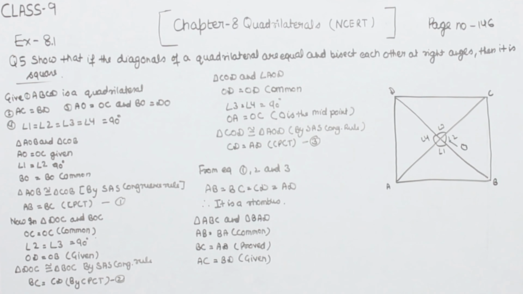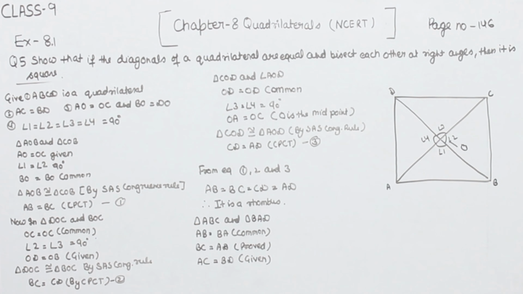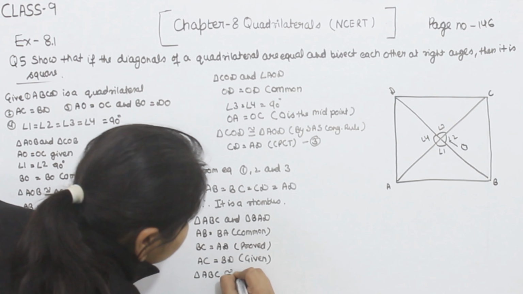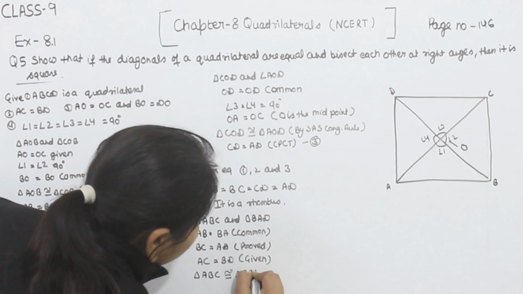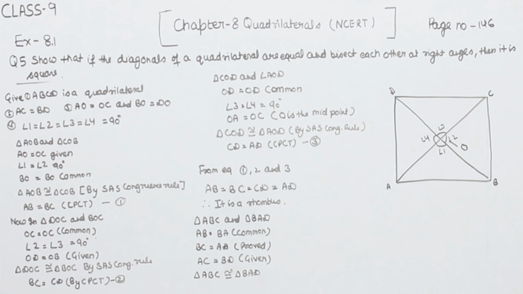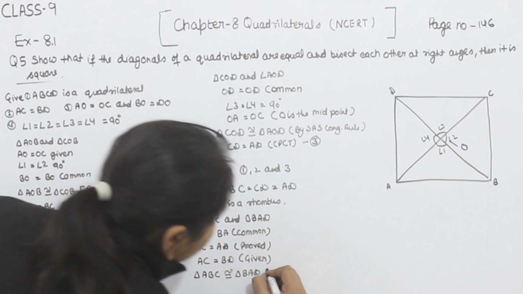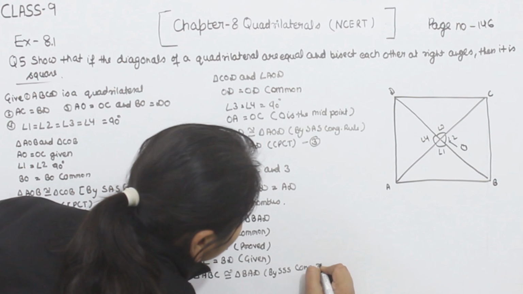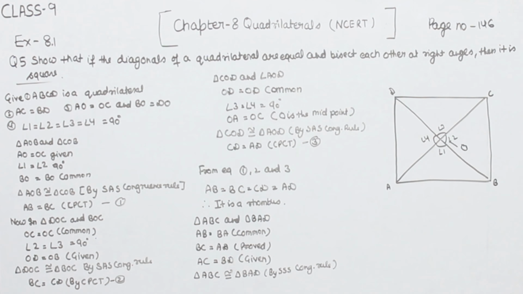Now the triangle ABC is congruent to the triangle BAD. We are having these two triangles as congruent to each other by side side side congruence rule.